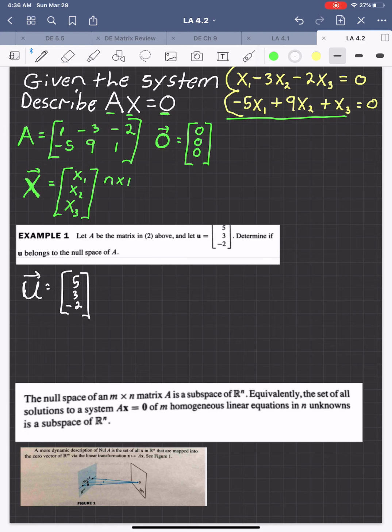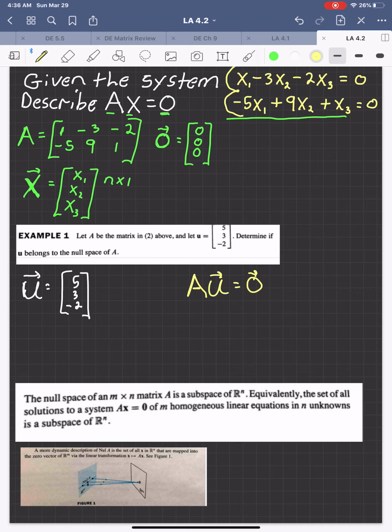So, does U belong to the null space of A? We can think about that for right now as: if we did A multiplied by U, do we actually get the 0 vector? Because that would answer the question. But do you yet understand what a null space is? Well, maybe, maybe not.